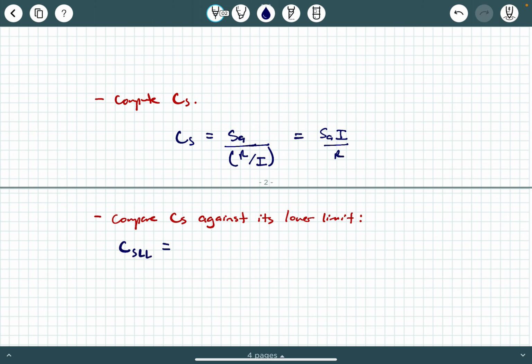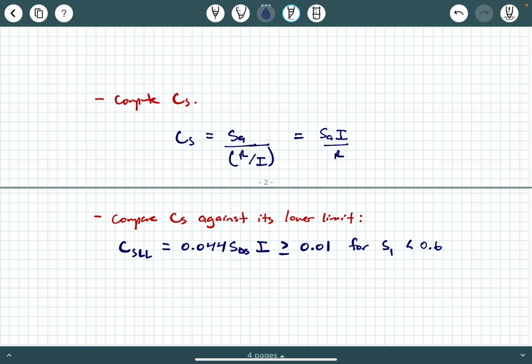It's going to be equal to 0.044 SDS times the importance factor, and that has its own limit of 0.01, and this is for sites with S1 less than 0.6. What did we just write down here? It seems complicated, right? Here's what you have to think: C sub S has a lower limit. Your C sub S cannot go lower than the lower limit. That's what we're comparing to.